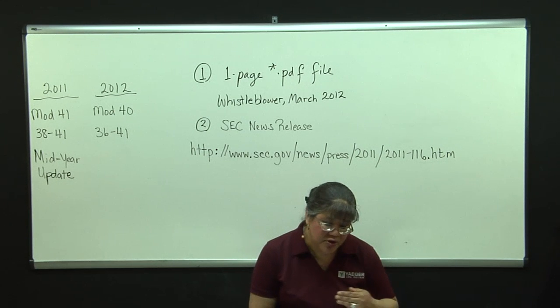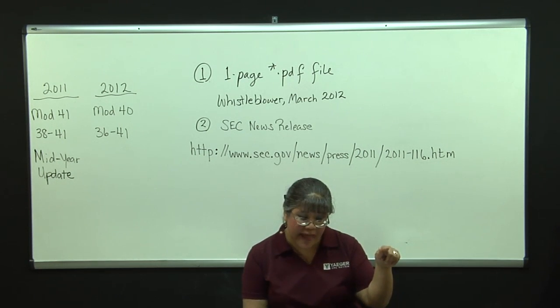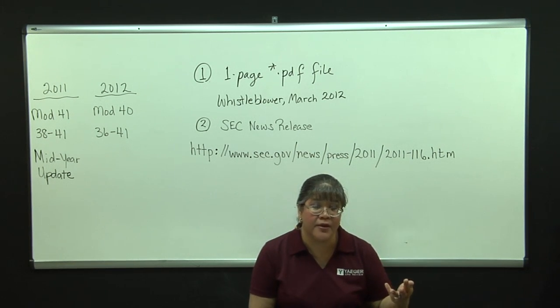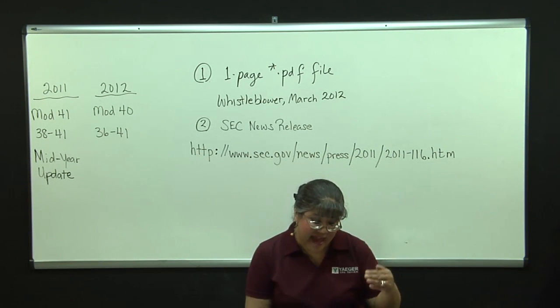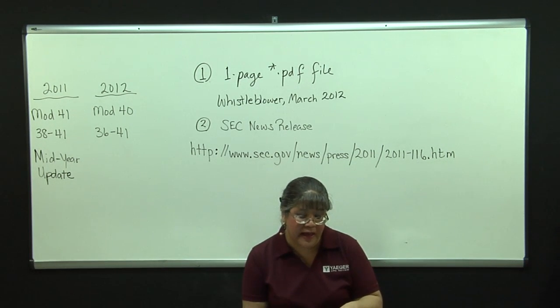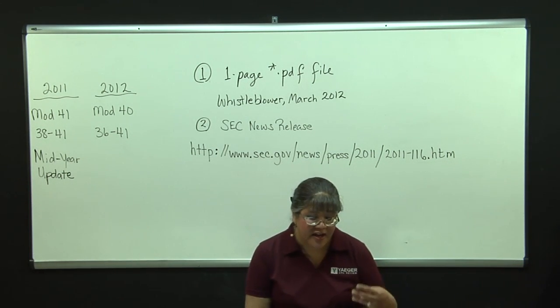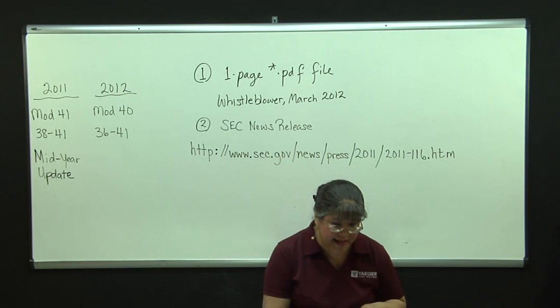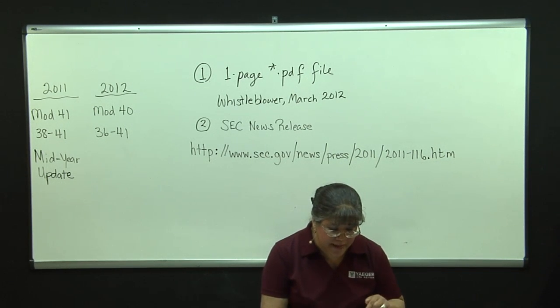Now in the SEC news release, under where I left off, for who is excluded from getting an award, and then the exceptions, they have another caption underneath that says supporting internal compliance programs. So let's just go over that. This is additional detail on that summary that was provided on the one-page PDF. So, supporting internal compliance programs.